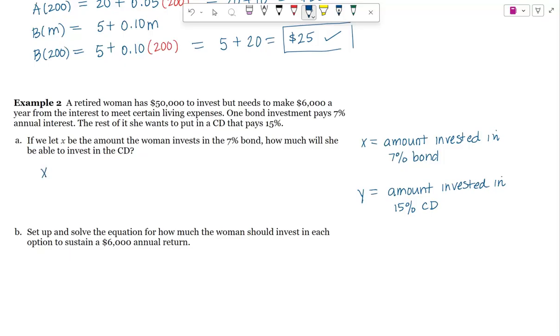Well, we know that X plus Y is going to be 50,000. That's the total we have to invest. So Y is going to be 50,000 minus X.